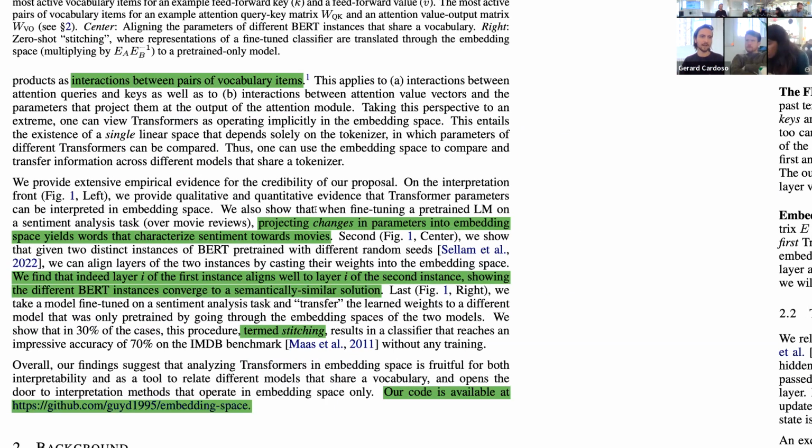You can project the changes in the parameters into the embedding space as well. So you can start to understand what it is learning and how it is learning. You actually see that the changes in parameters relate to sentiment being learned. So the change in the vectors can be mapped to words, or close to words, that represent sentiment.